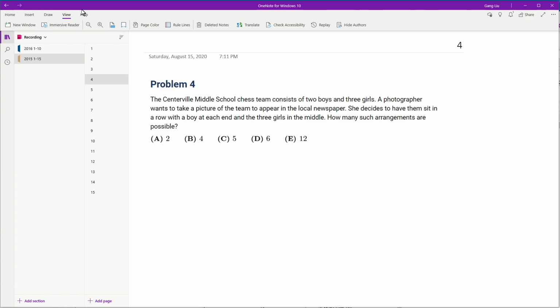So in the middle are girl, girl, girl, and on the sides are boy and boy. Because the boys are limited to the 2 side positions, for boy 1 and boy 2, we have 2 factorial ways to arrange them.